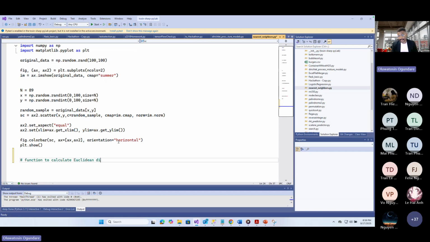Now you have your data set, which is a pair of points. So you would have something like def euclidean_distance, and this is going to take two points, x1, x2, and then you can find the distance between them.